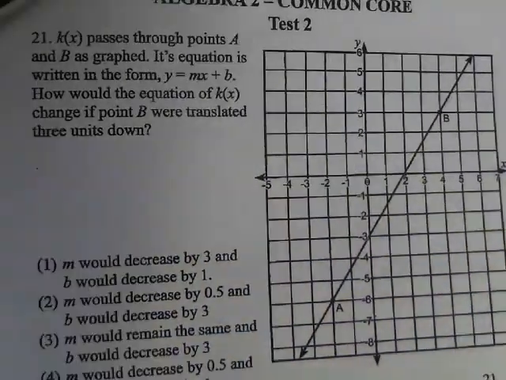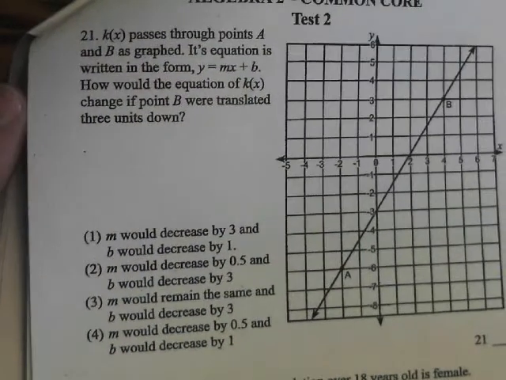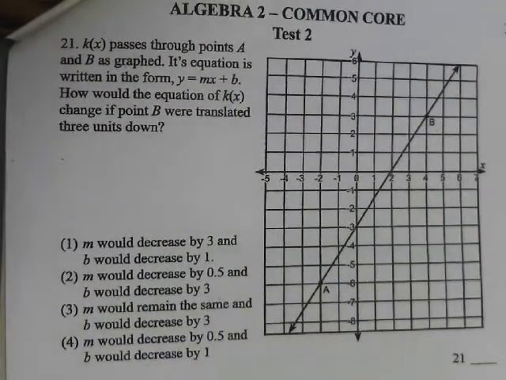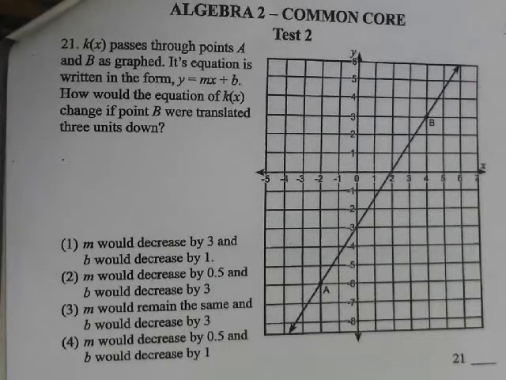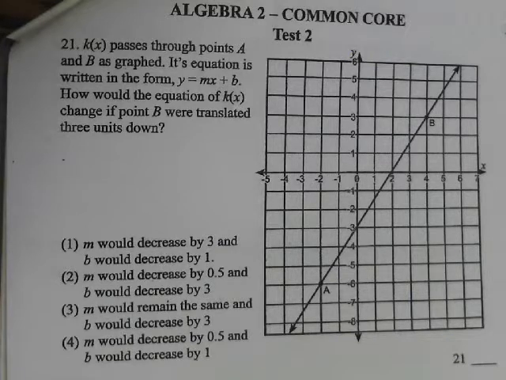So let's just go over this together. K of x, you see the line K of x, passes through points A and B. Okay, here's A, here's B. Its equation is written in the form y equals mx plus b. So you tell me, what's the equation of this line?